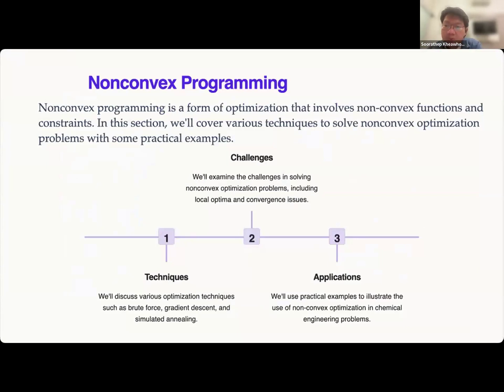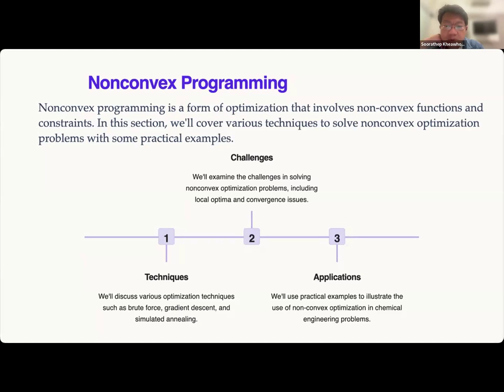What about non-convex programming? For non-convex programming, of course, the objective function or the constraints do not satisfy convexity. And that raises a problem, because you cannot use any algorithms designed for convex programming anymore.